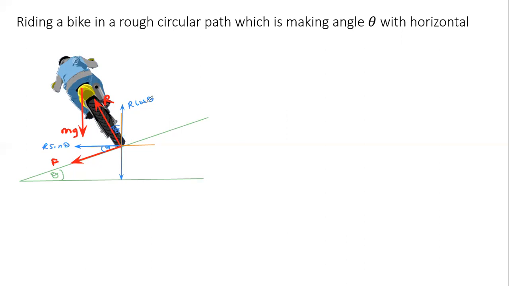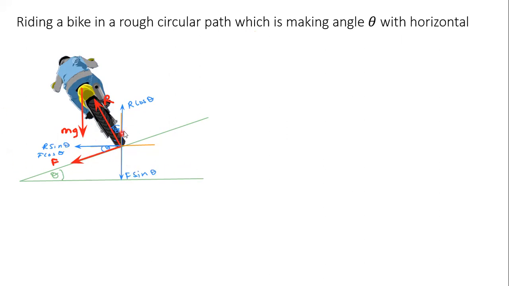Okay, so this component R cos theta, this component R sin theta, and here this is F sin theta, and this side we have F cos theta as well. Okay, and now here again we have to use the same formulas. What are the formulas? One is F equals ma, and then considering the vertical equilibrium.